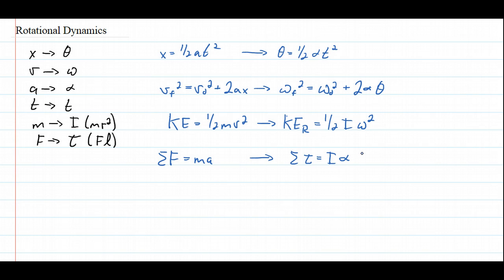What this tells us is just like how a linear force creates a linear or tangential acceleration, a rotational force, known as a torque, will create a rotational angular acceleration. And so just like before, this torque equals force times lever arm, which then equals moment of inertia times alpha.